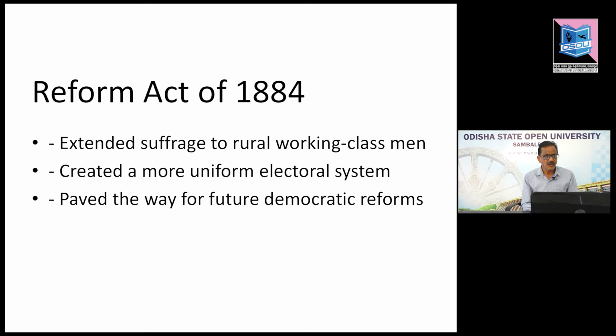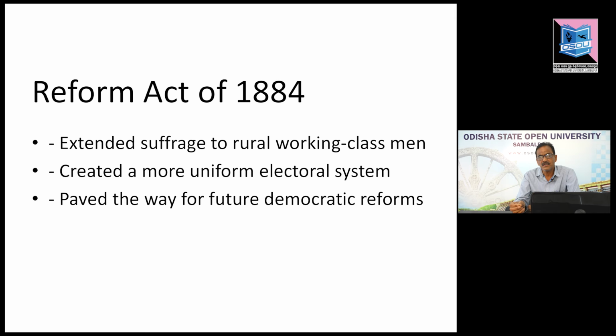That means the electoral system was extended to a maximum limit, we can say. So it was a most important Reform Act which paved the path for the democratic reforms in England, and gradually it spread to the other parts of Europe.